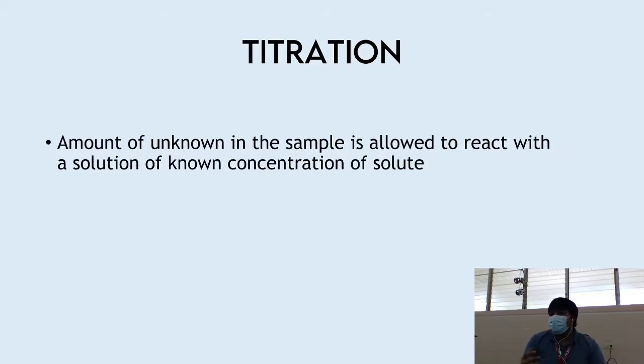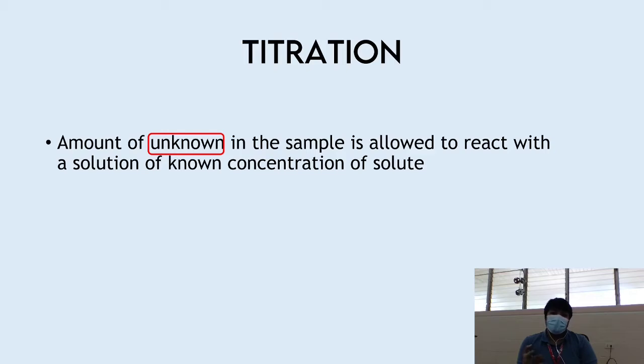Titration is a process of determining the amount of a pure substance, be it an element or a compound, in a material, which here we call the sample, by allowing it to react with a solution of known concentration of another reactant.